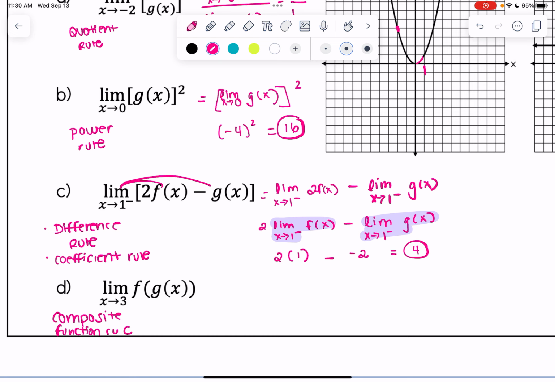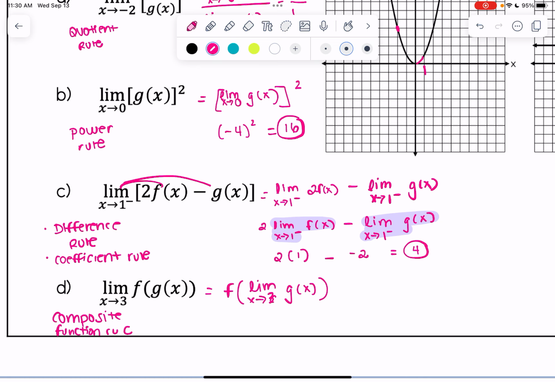Remember, a composite function is one where one function is basically plugged in or substituted in for another. So we're going to kind of reverse that property here, okay? So this is going to be equal to f of the limit as x approaches c of g of x, or x approaches 3 of g of x, excuse me.